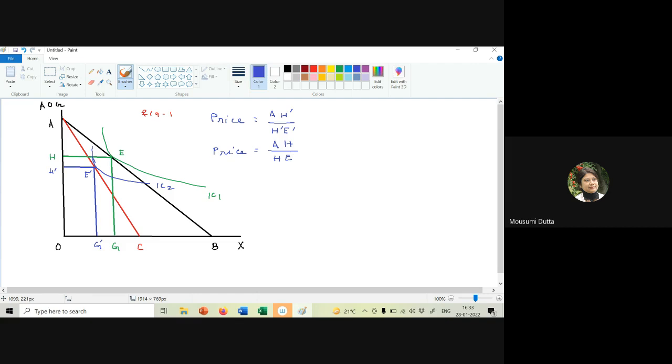Reference is the triangle AHE, equal to the absolute value of the slope of AB.